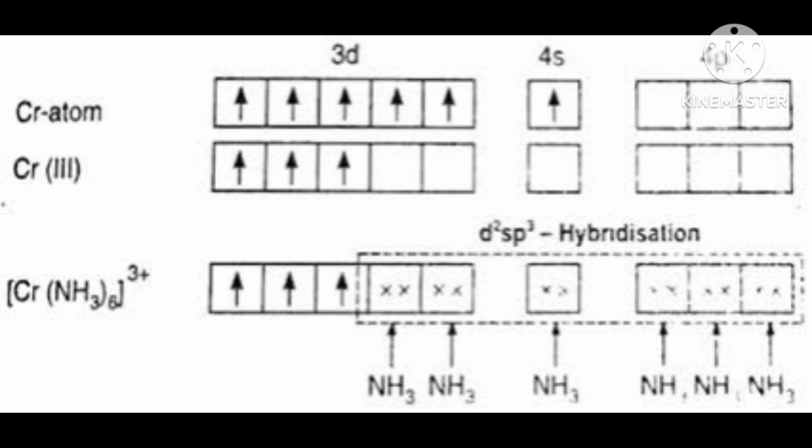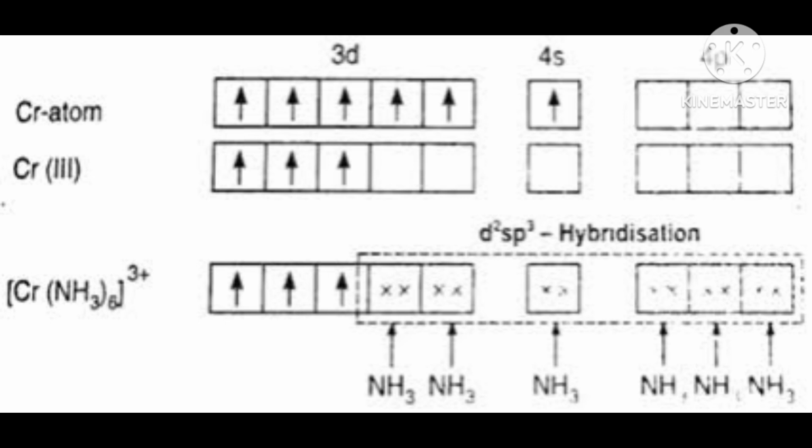In 3d there are 4 unpaired orbitals, only one orbital is fully filled. From 3d, 4 orbitals are unpaired. That's why it became paramagnetic. It is paramagnetic due to these 4 unpaired electrons.